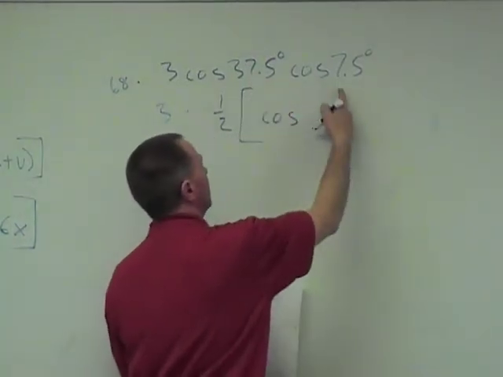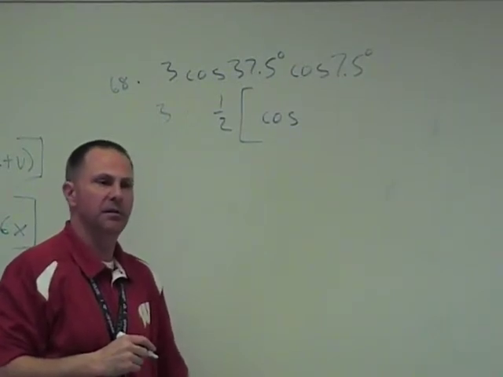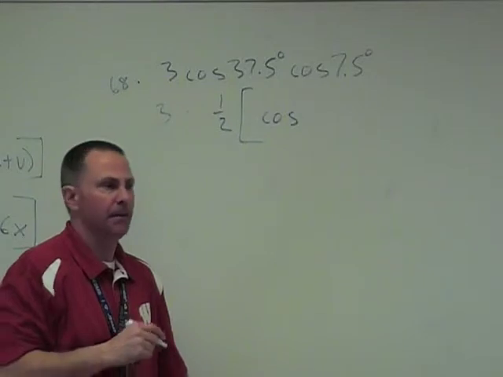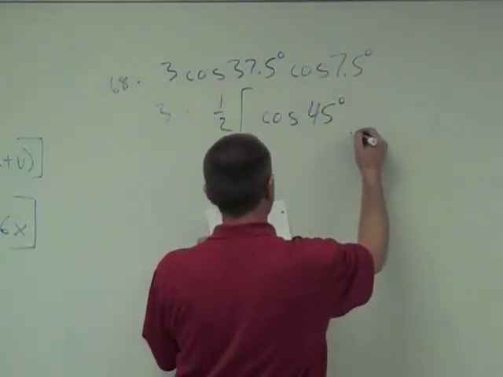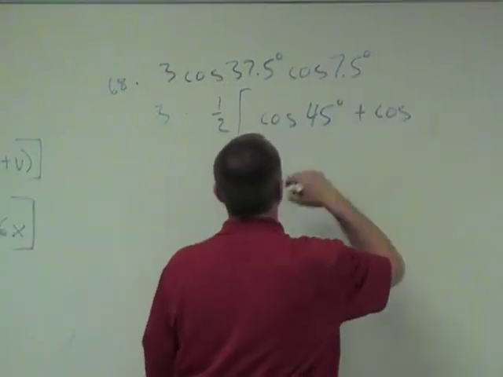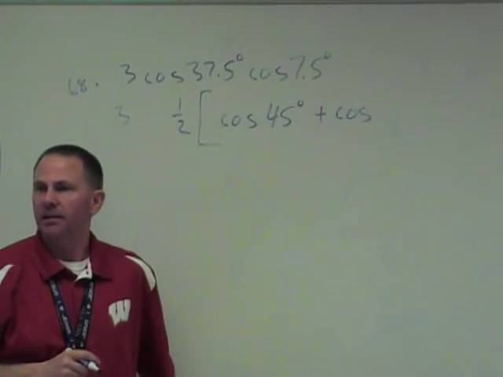That's u and that's v. What's 37.5 plus 7.5? 45 degrees. So it's the cosine of 45 degrees, which you all should know. Plus the cosine of u minus v. What's 37.5 minus 7.5?